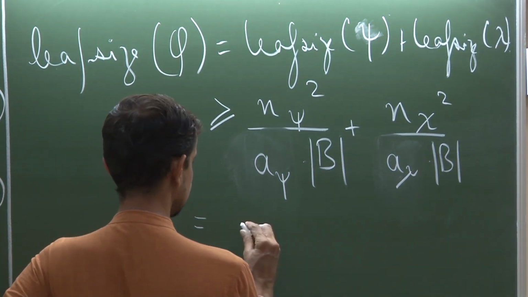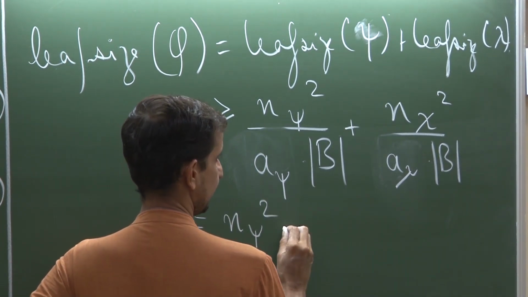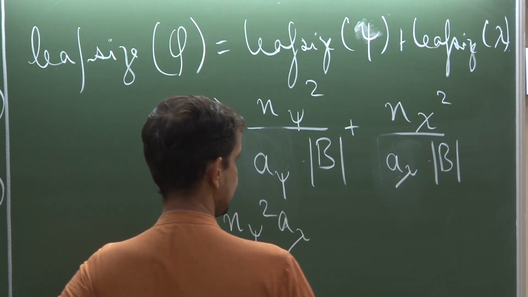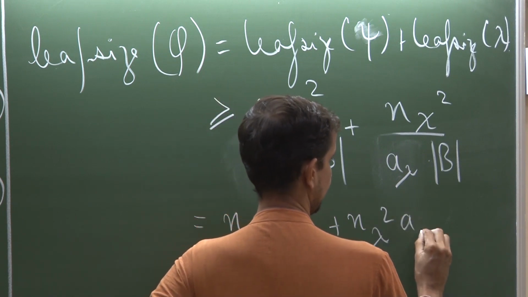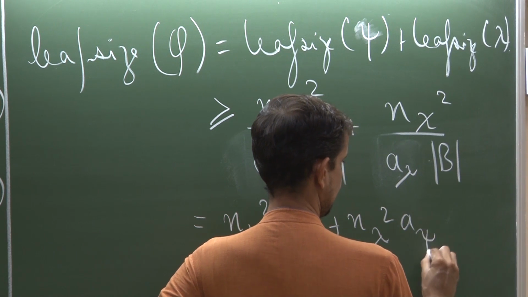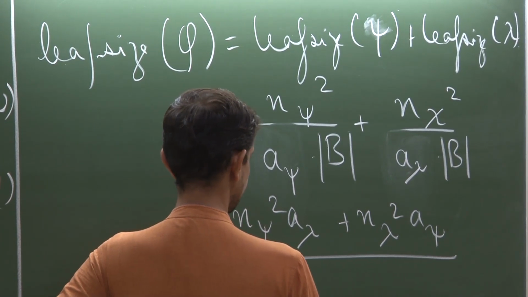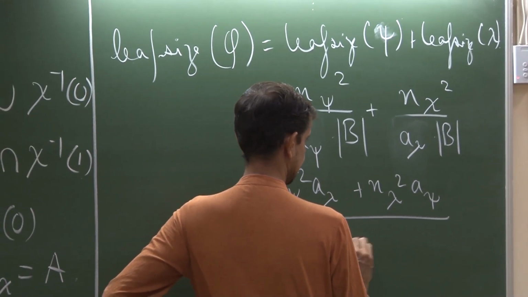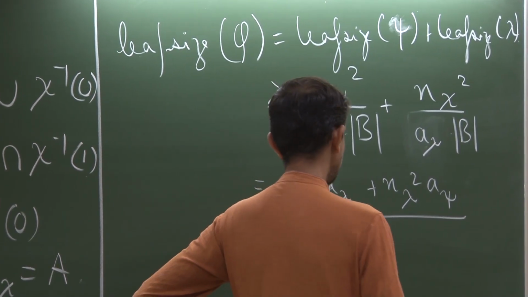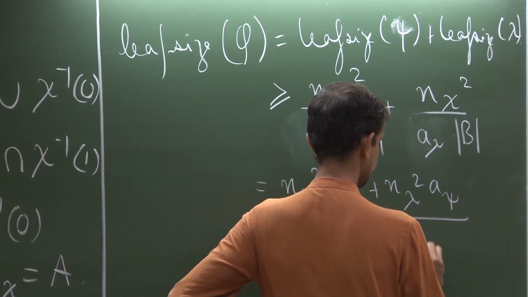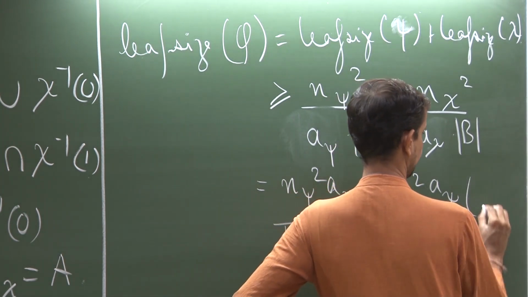If we expand this out, we get N_psi square a_chi plus N_chi square a_psi divided by size of B times a_psi times a_chi, and let me also multiply both numerator and denominator with a_psi plus a_chi.